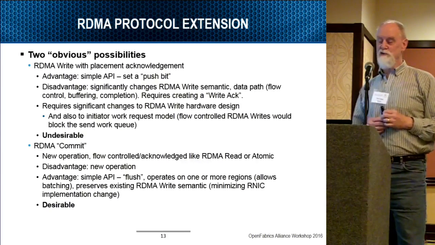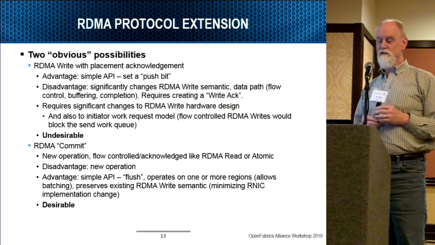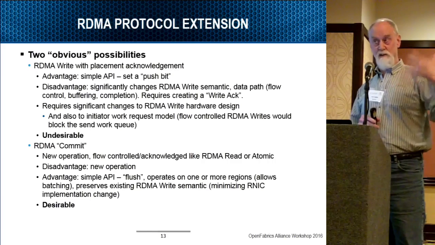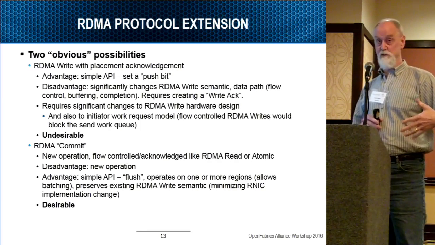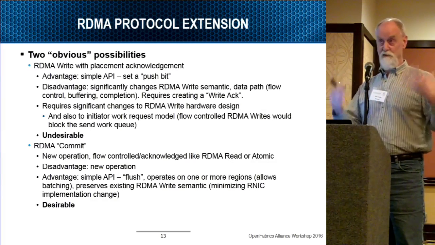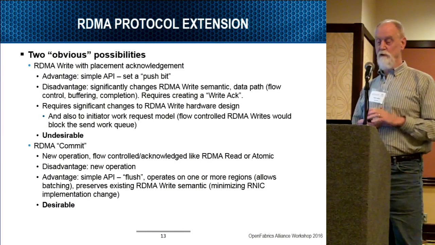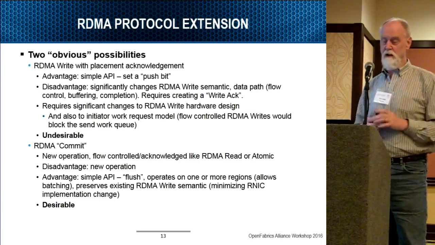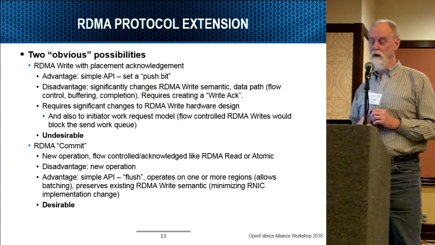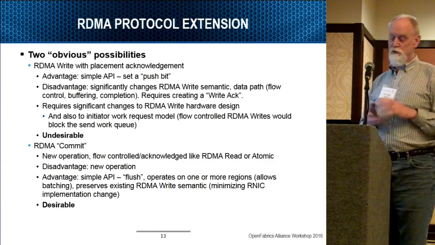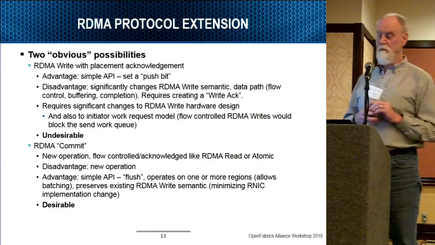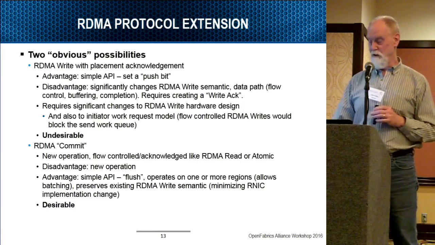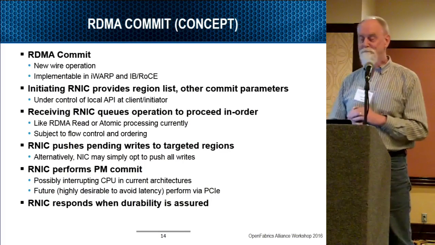Its disadvantage, of course, is that it's a new operation, but its advantage is it's a very simple API that matches very well to the APIs that we're examining for local access to persistent memory, mapped file APIs with a flush, for instance, where you do the loads and stores, they're ordinary loads and stores, and then you commit. You do this thing called optimized flush that Doug described. Operating on one or more regions, preserving the existing semantics, so you minimize the RNIC implementation change. I think this is the way to go, so this is where I'm going to explore.